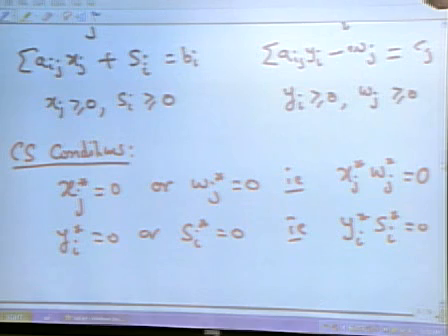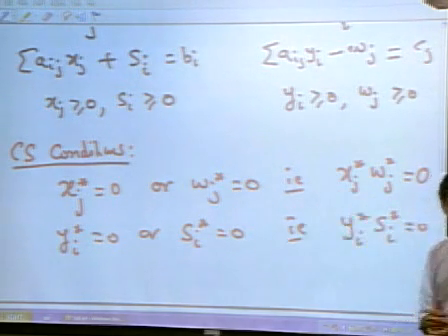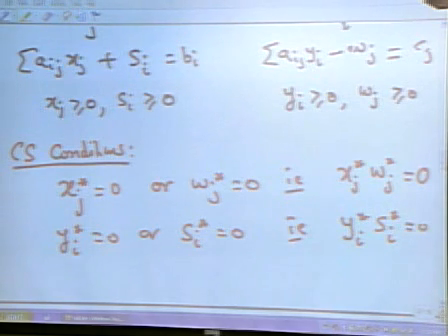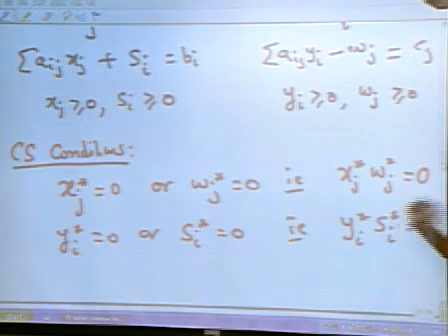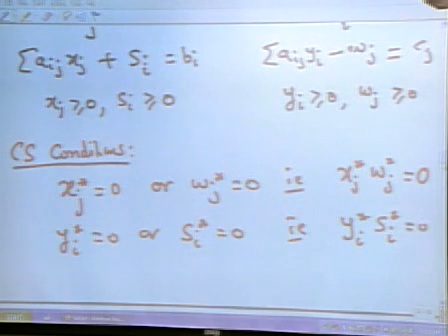Really, another reading of the CS conditions is that either xj star is 0 or wj star is 0. Now both of them could be 0, of course, but at least one of them has to be 0. That's what the CS conditions say. Likewise for the y's and the s's.